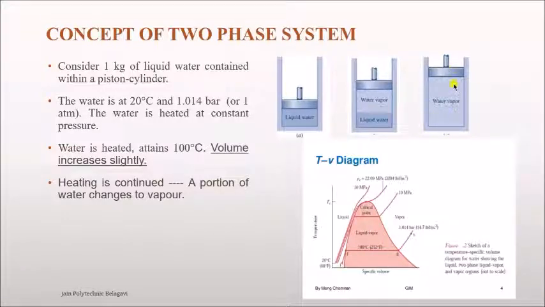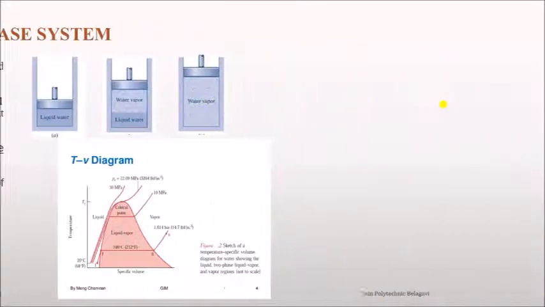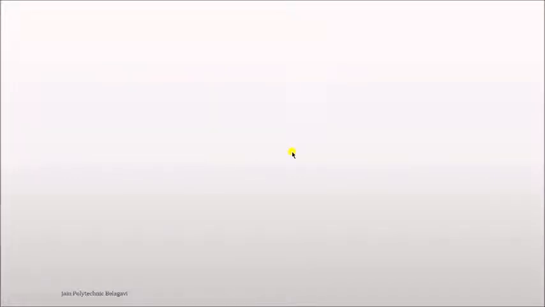You can see the volume has increased considerably, and all of the water is converted into vapor. So this is the concept of the two-phase system. Now let's see the same concept again. It is employed to learn about the formation of steam: how steam is formed from water, and what the different types of steam are.